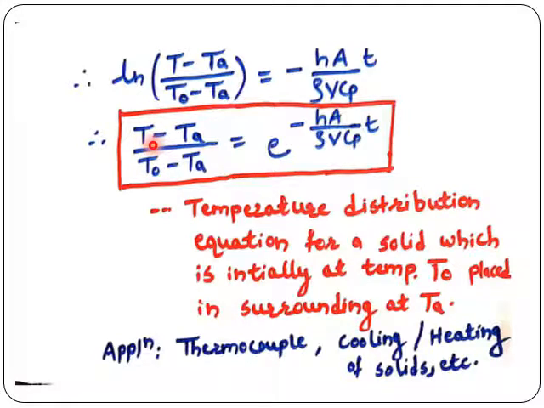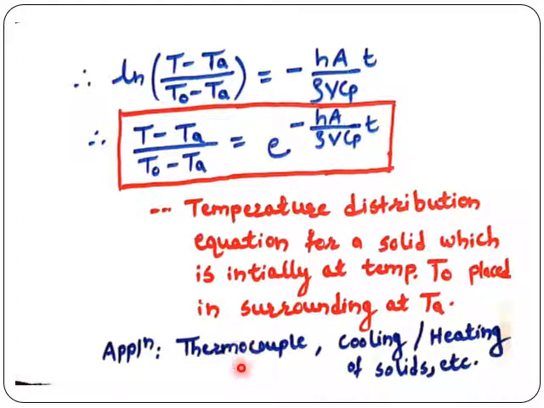Or if the initial or source temperature is, suppose, 100 degrees Celsius, and I want to get the time during which the thermocouple achieves 80 degrees Celsius, then I can substitute all other values and get that time.